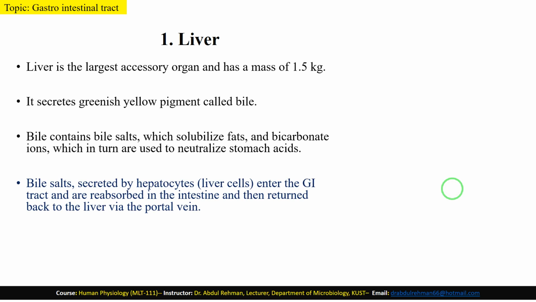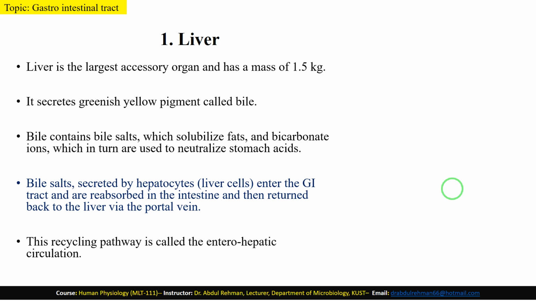In the liver there is one mechanism that is a negative feedback and protective mechanism, because the liver is one of the important organs of the body, so its exhaustion would lead to liver cirrhosis and eventually death. So naturally there is a protective mechanism called enterohepatic circulation.